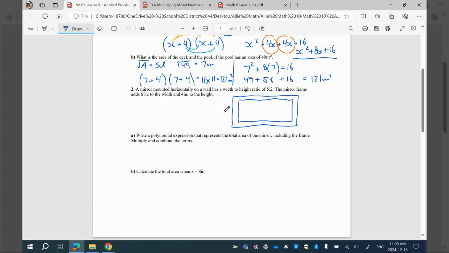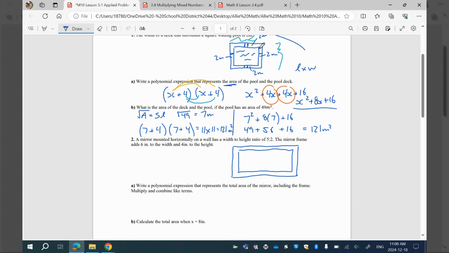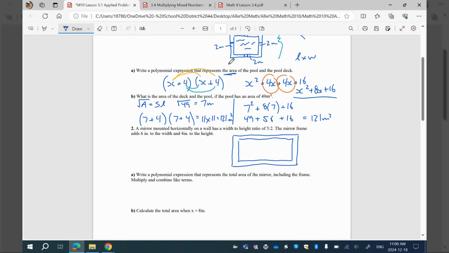So this is slightly different than our pool, where it says that there's 2 meters all around. It's saying the mirror frame adds 6 inches to the width. So 6 inches total, which means this plus this is 6 inches, which means that each side we could presume, if it's an even frame, is 3 inches and 3 inches.